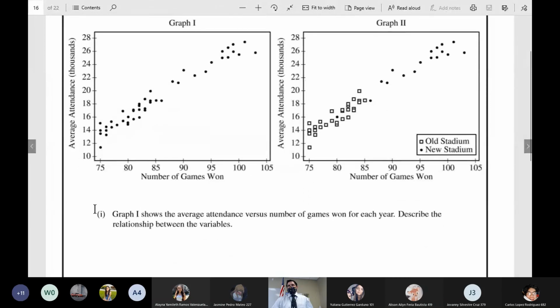And overall, no. The slope of the least squares regression line for the number of games won and average attendance for the old and new stadiums is roughly the same. Right? Even if we were to graph them differently, this one might be slightly different, but overall they're about the same. So this means that the rate at which attendance changes as number of games won increases is about the same, regardless of stadium.